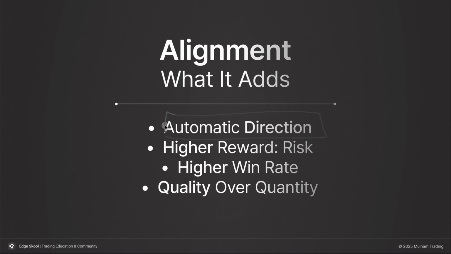When price is at a bullish higher time frame level, your direction is automatically bullish. You have a bullish bias, so automatically it gives you a direction. You don't need that idea of, oh, I need to find the direction, I need to find the daily bias, all of these things. Following the time frame alignment is already an automatic direction.